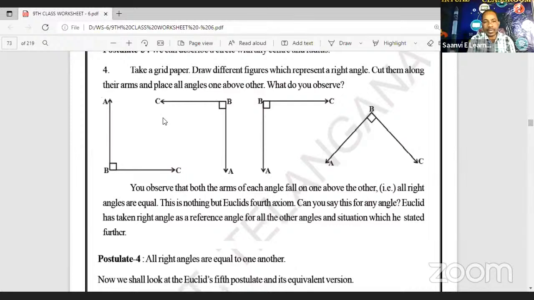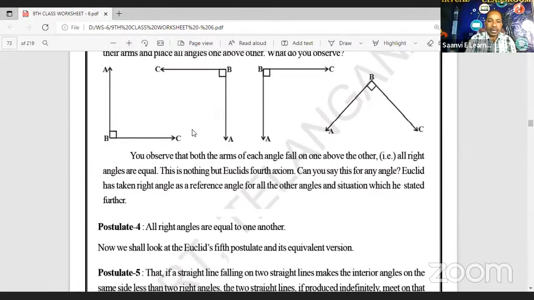Here also, if you draw like this, at B a 90 degrees angle will come. If you draw like this, the angle B becomes 90 degrees. It means all right angles are equal to one another. Okay, this is postulate 4.